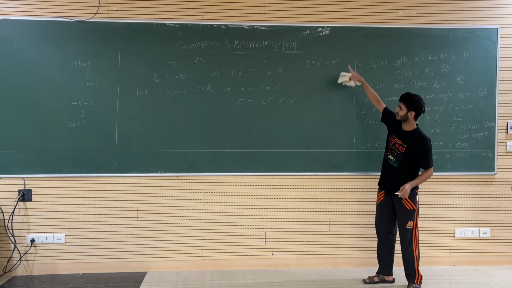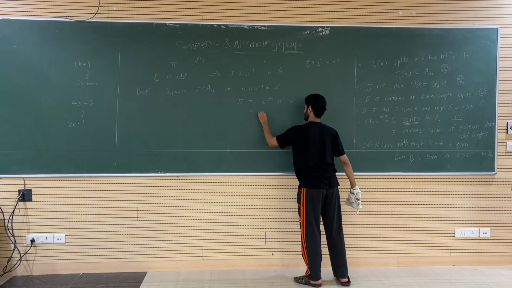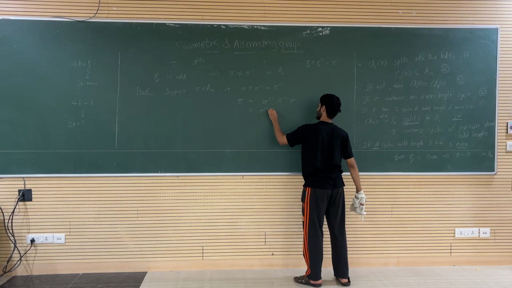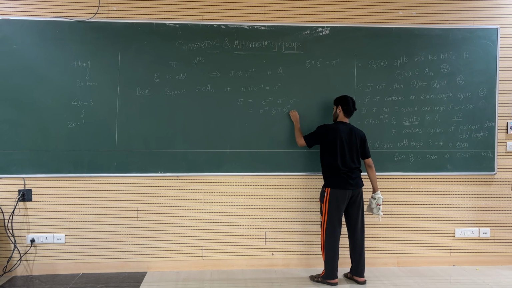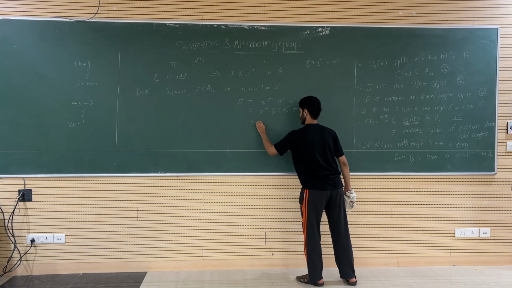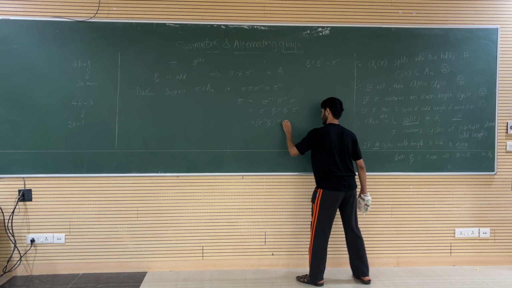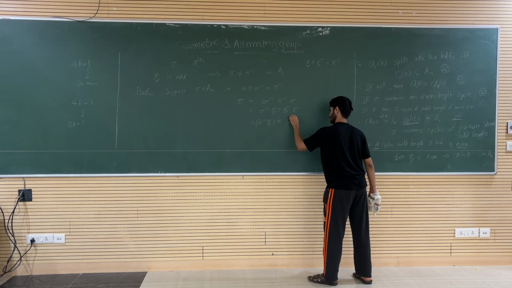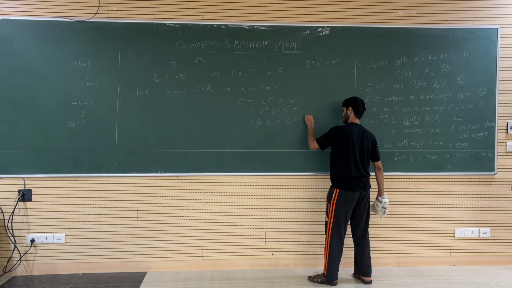Now, rather than writing pi inverse, I will write it as this. So this is equal to sigma inverse xi pi xi inverse sigma. And this is the same as sigma inverse xi, I will group this pi, sigma inverse xi inverse sigma inverse inverse.